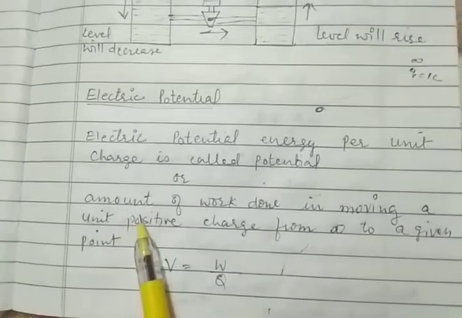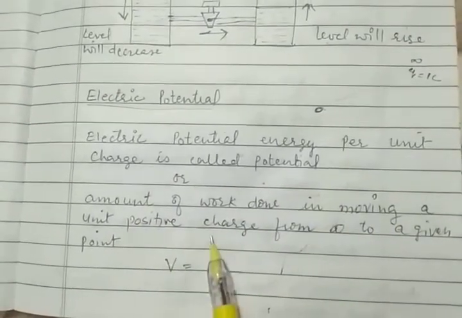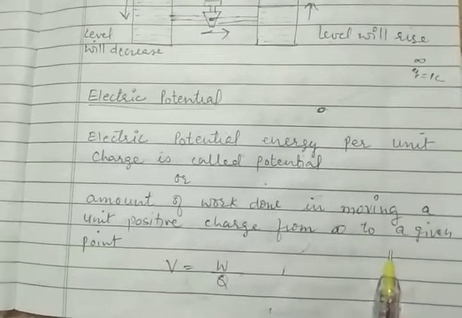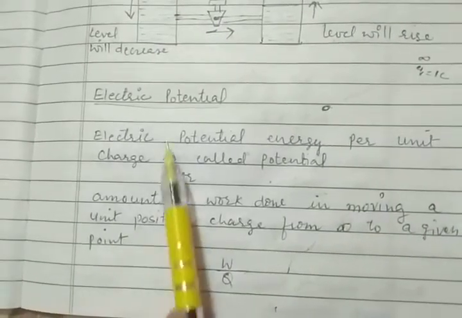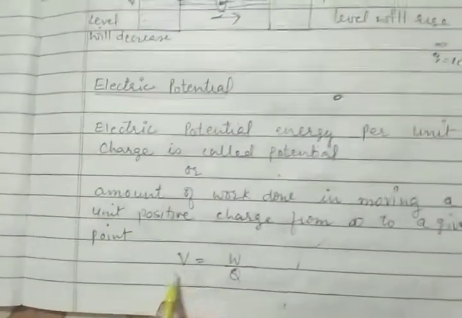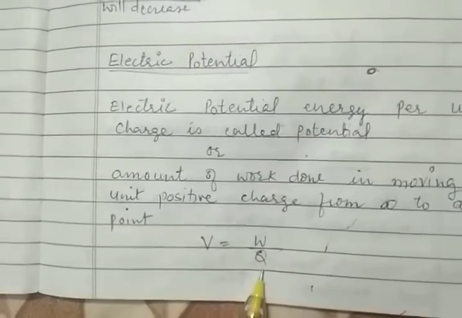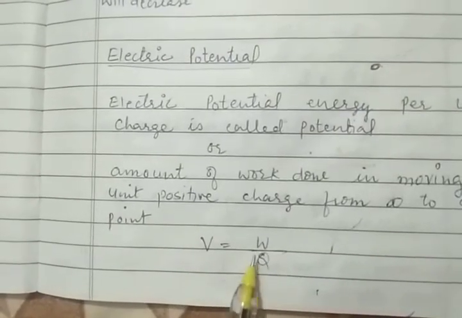You can also define it as the amount of work done in moving a unit positive charge from infinity to a given point, which is known as electric potential. You can write it as electric potential is equal to work done per unit charge. This is the mathematical notation.